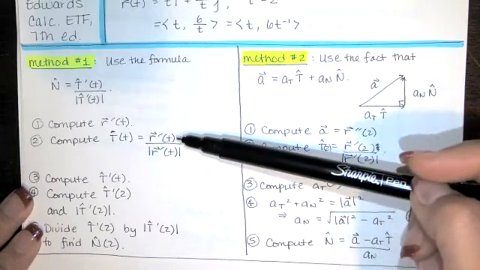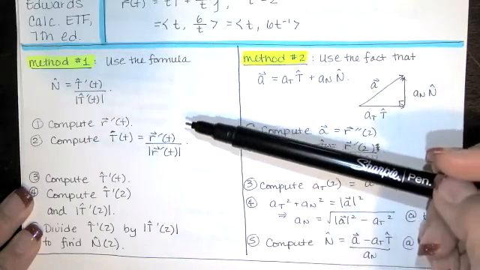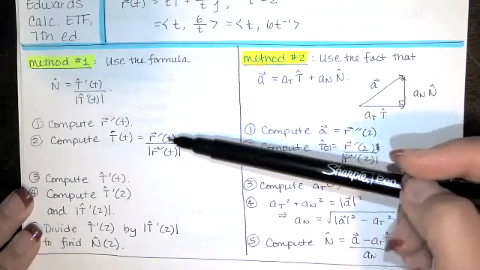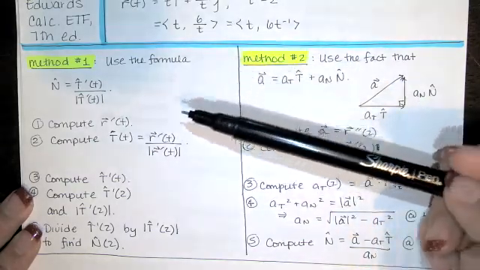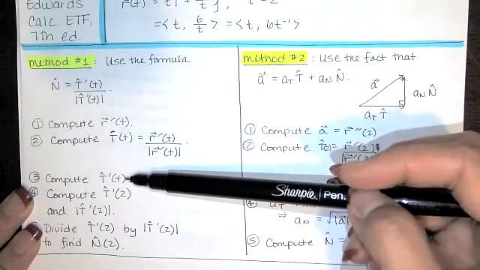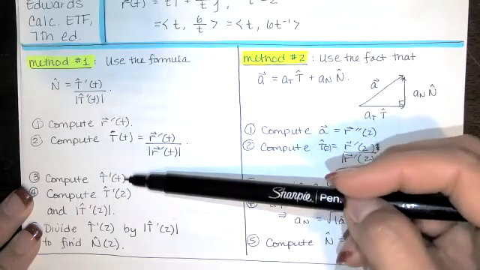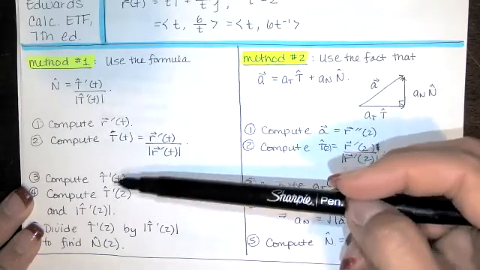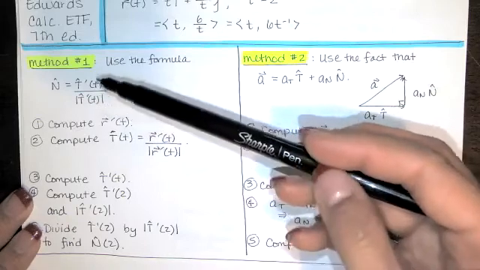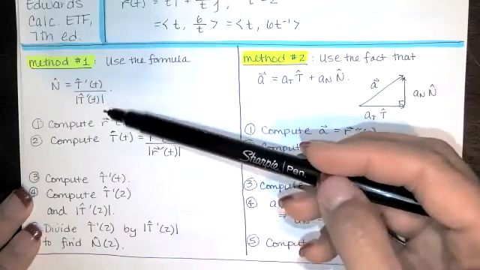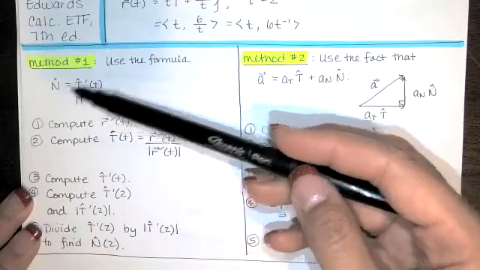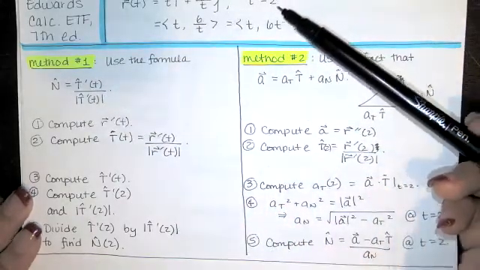It will involve typically the quotient rule or the chain rule or both for each of the components. Now, at that point, we're going to end up with a pretty complicated looking function. We could find the magnitude of that complicated looking function and then try to simplify algebraically and then get n of t and then evaluate at t equals 2.